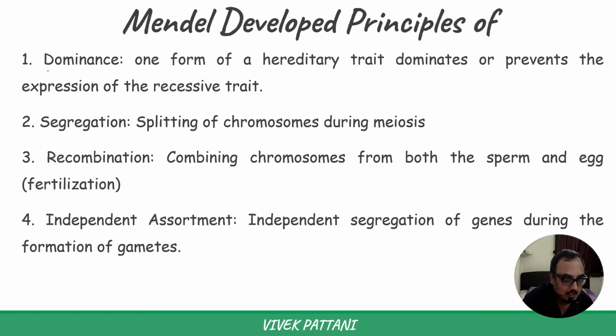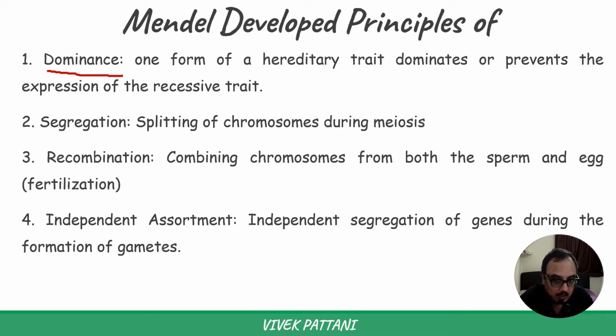Now, Mendel's principles. The first one is dominance. One form of the hereditary traits dominates or prevents the expression of the recessive trait. Okay, let's take an example. Suppose one gene represents the character of tall, and another gene represents the character of short.